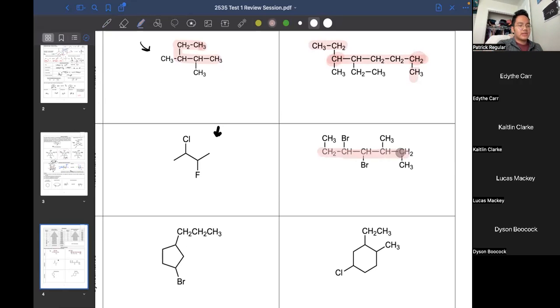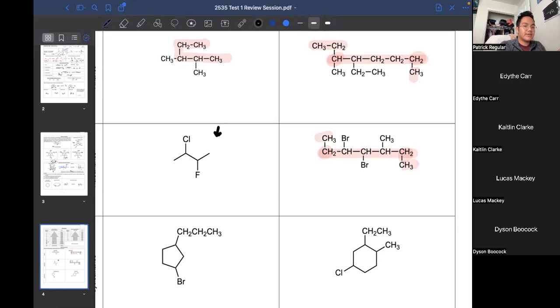Again, longest chain, but for these ends, we can extend them even more. It's just a simple alkane. You want to go just across, but with this ethyl group, you can expand it into a pentane.